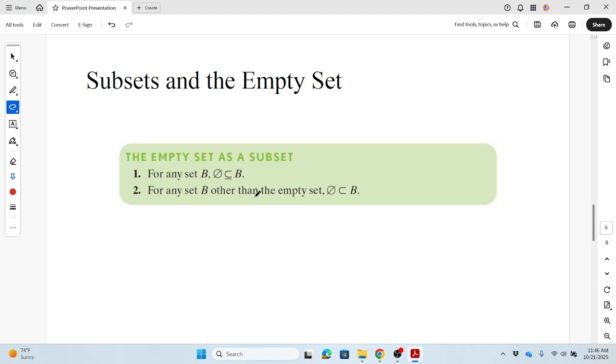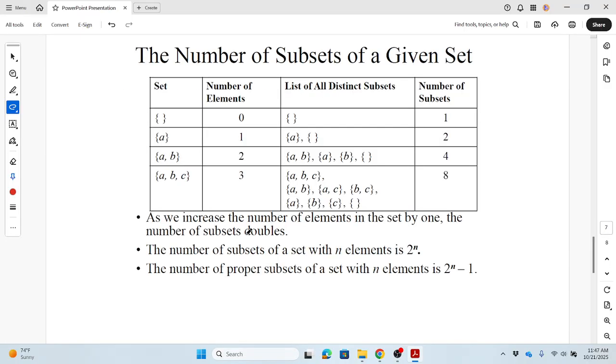For any set B other than the empty set, the empty set is a proper subset of B. The empty set has 0 elements, no element at all, and you just have one subset of the empty set. There is nothing else possible.